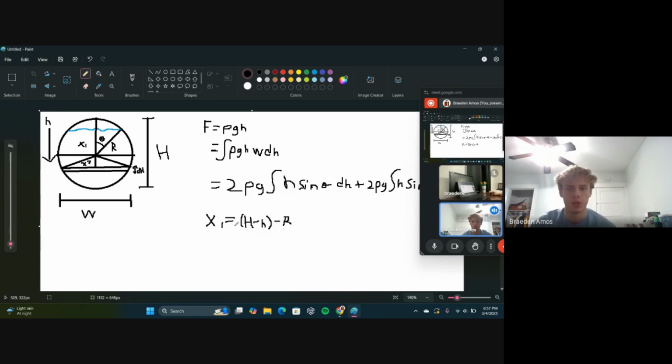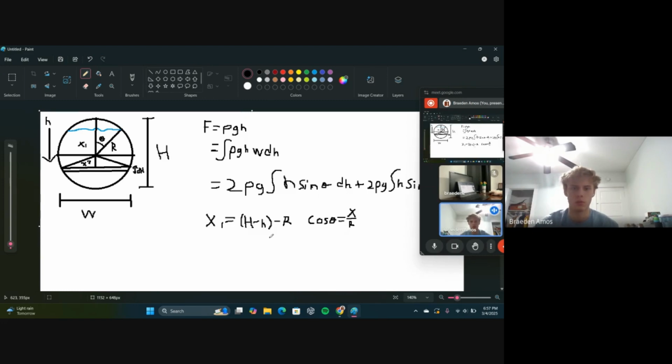And you also know that cosine theta equals x over r. So now we're close to being able to put this in here, but we have it in terms of cos and we need it in terms of sine.